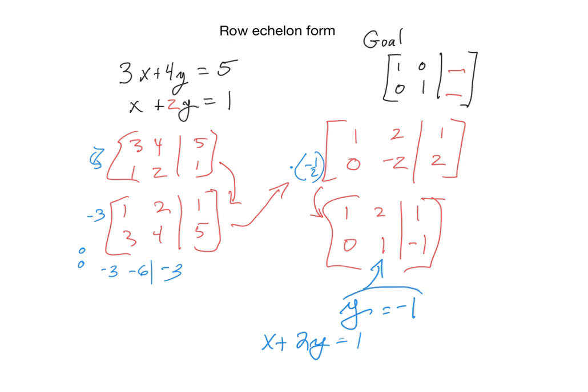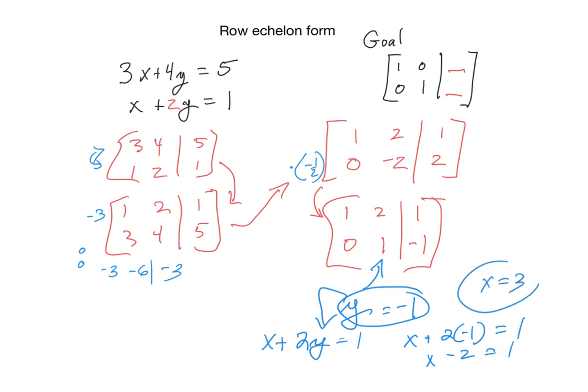I can substitute this value in, so I'll have x plus 2 times -1 equals 1. X minus 2 equals 1. Add 2 to both sides. X equals 3. So the actual final solution, which I'll write right up here, will be 3, -1.